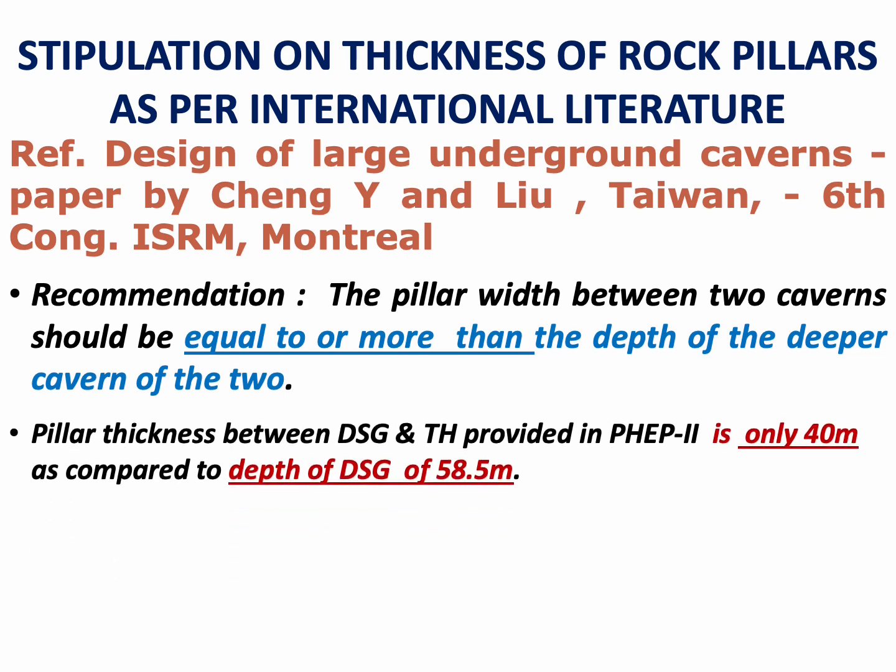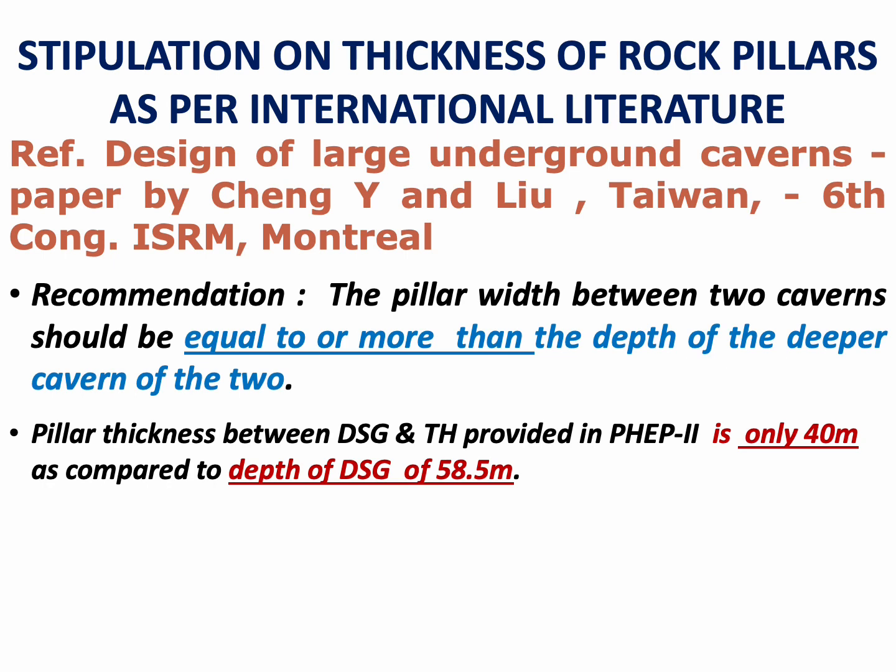So, for the case of Downstream Surge Gallery and Transformer Hall of Punatsangchhu-II Powerhouse, the pillar width provided is 40 meter as compared to the depth of the larger of the two caverns, that is Downstream Surge Gallery, which is 58.5 meter.